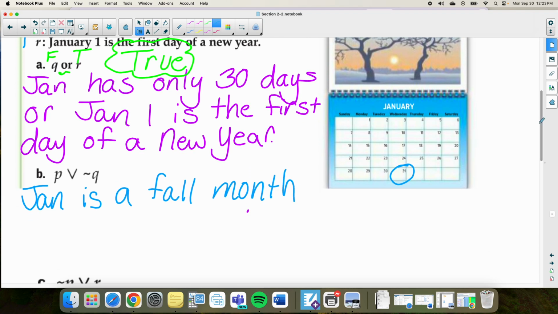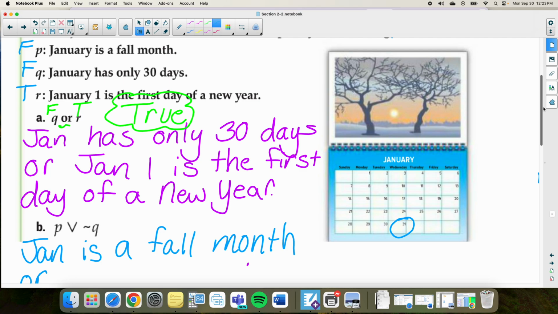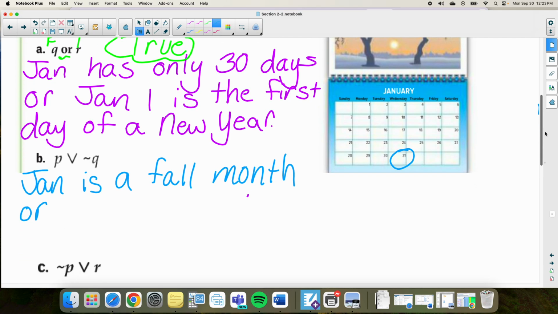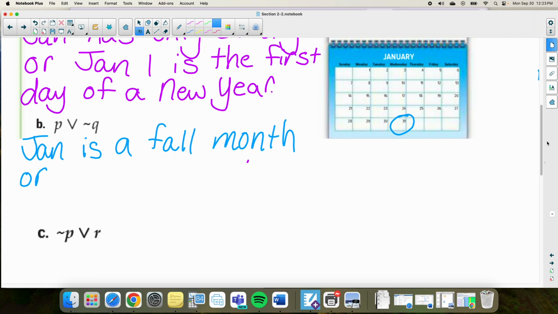Or not Q. Q is January has only 30 days. So not Q would be something like January does not have only 30 days.